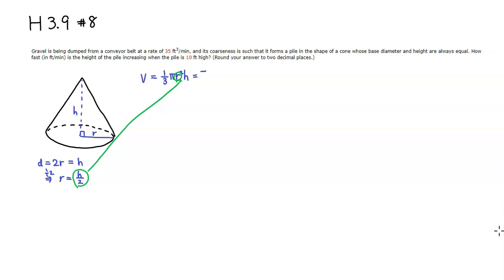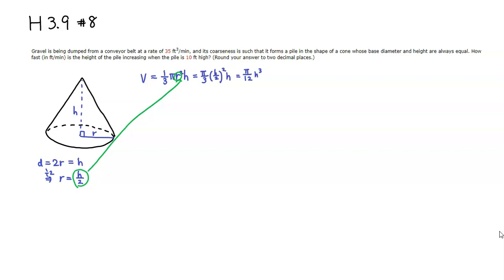So you have pi over 3, which is just a number, and r we found to be h over 2, and then you have to square that and times h. If you simplify that, you have a pi on top, and there's a 3 and 2 squared, so it's going to be 12. And the h squared times h is h cubed.